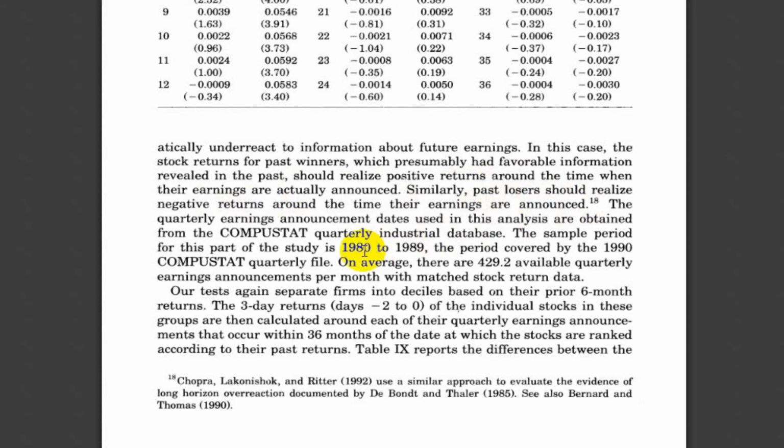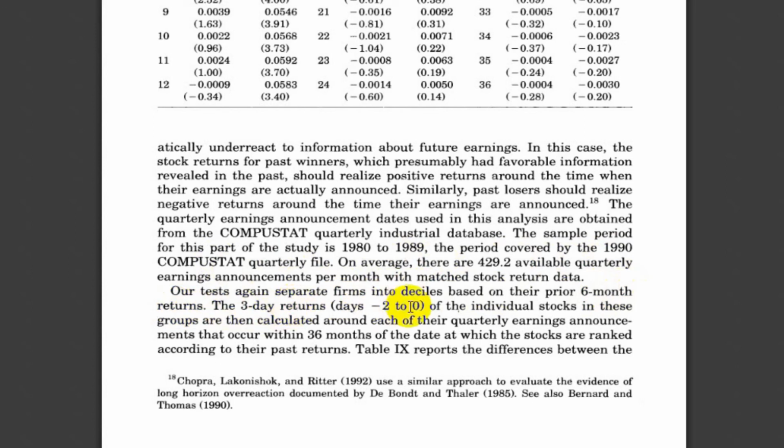So the time period for this study is from 1980 to 1989, and it uses quarterly return announcement data from CompuStat. And so again, they split the firms into equal weighted deciles based on their prior 6-month returns.